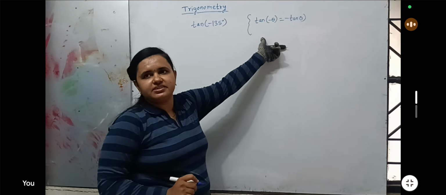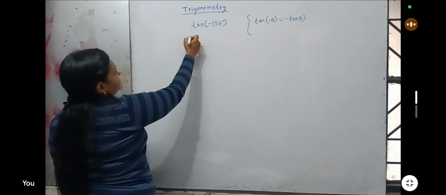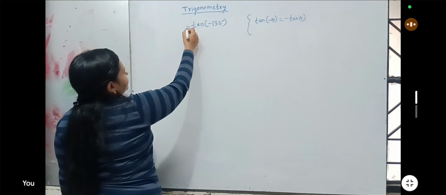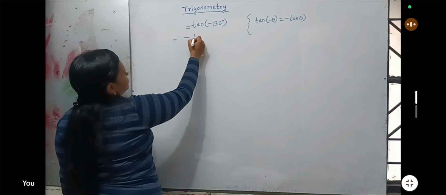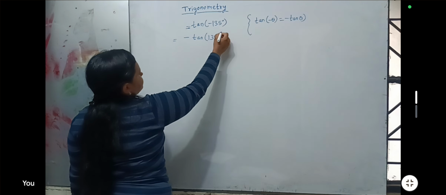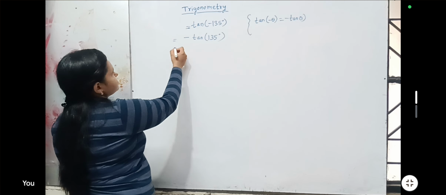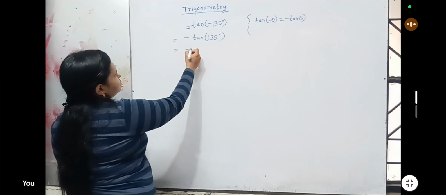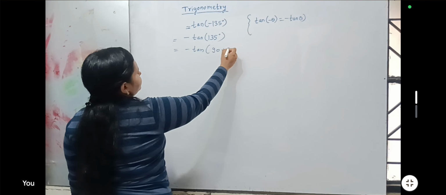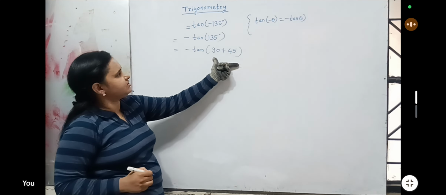So we can write tan of minus 135 as minus of tan 135. We can write 135 degree as 90 plus 45.